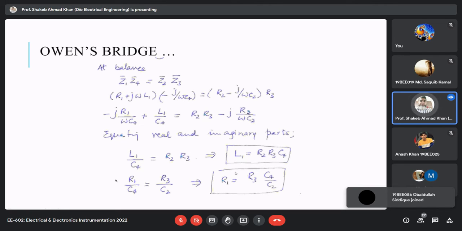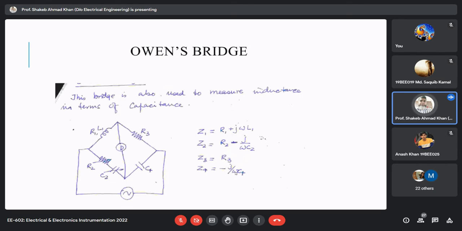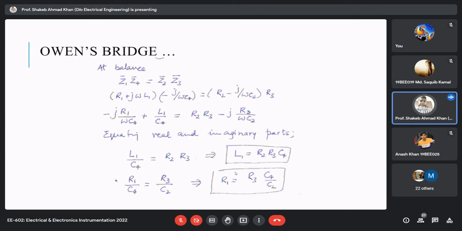And as far as the advantage of Owen's bridge is concerned, its balance equations are simple and independent of frequency. And if we choose R2 C2 as the variable components, then the balance equations are also independent, so there will not be the sliding balance problem.